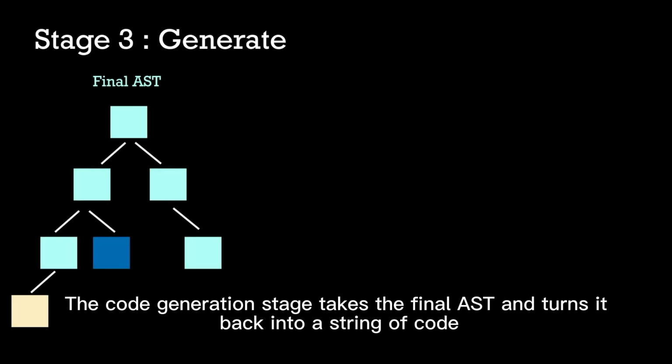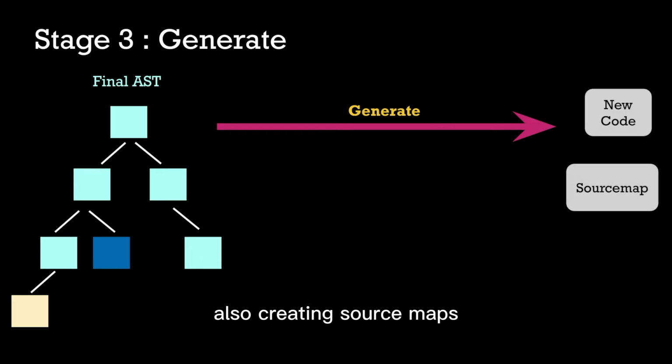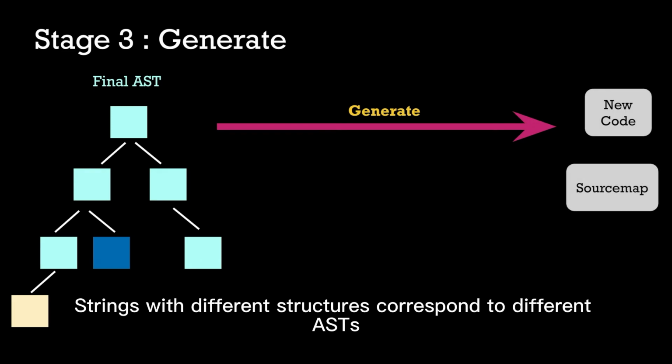The code generation stage takes the final AST and turns it back into a string of code, also creating the source map. Strings with different structures correspond to different ASTs.